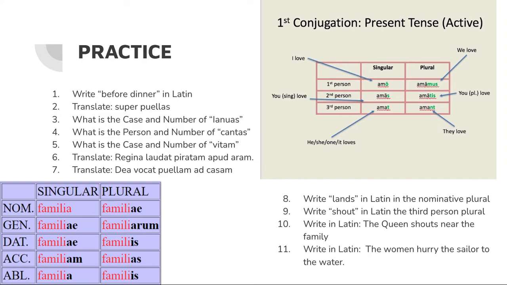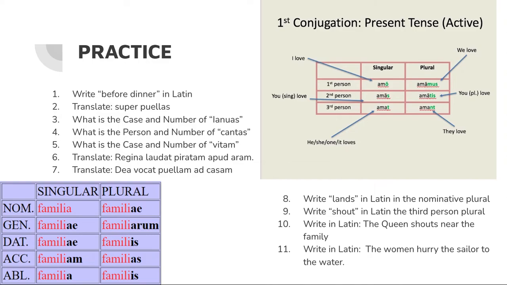Now translate this sentence. Regina laudat paratam apud aram. So this is similar to the sentence we did in the beginning of the review. However, I added a couple parts. So let's start off. The queen, that's what Regina means. Laudat, we know, means he, she, or it praises, but we already have a subject, so it's the queen praises. Paratam is pirate, so we know the queen praises the pirate.